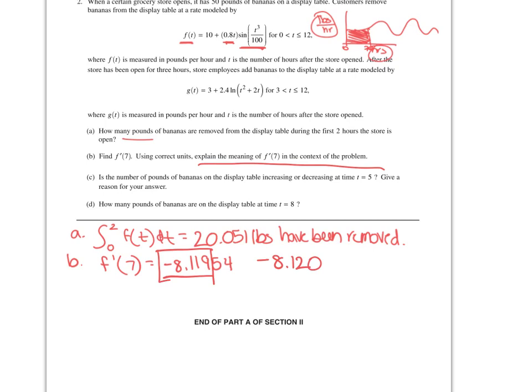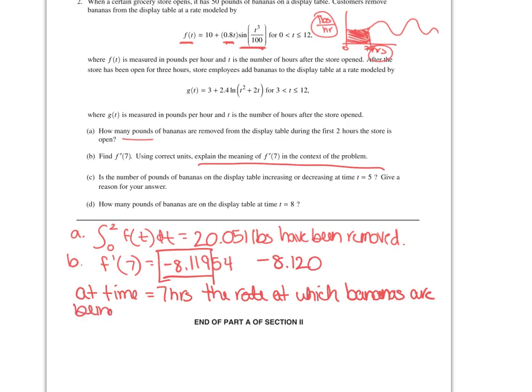What that's telling us is at time equals 7 hours, the rate at which bananas are being removed is decreasing by 8.120 pounds per hour squared.